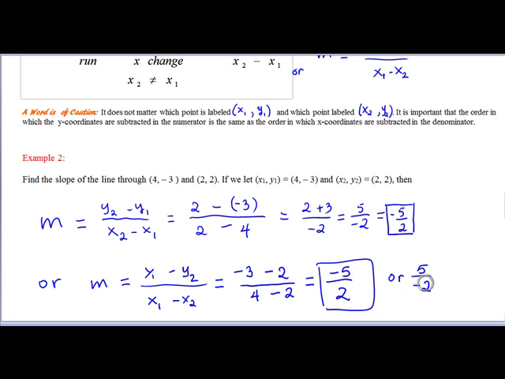That means for every vertical change of 5 units upward, there is a horizontal change of 2 units to the left, because minus goes to the left, positive goes up, minus 5 goes down, and this goes to the right. Remember, these just mean the change in y and the change in x.